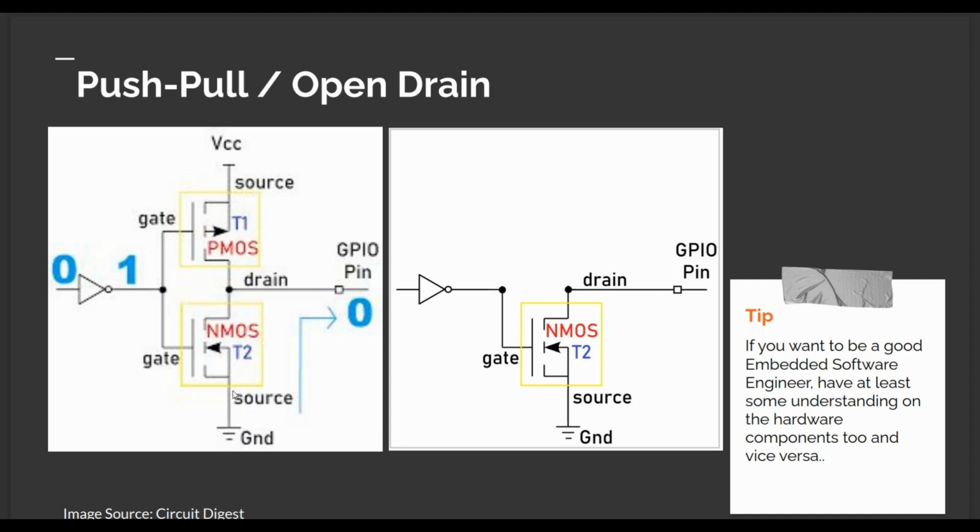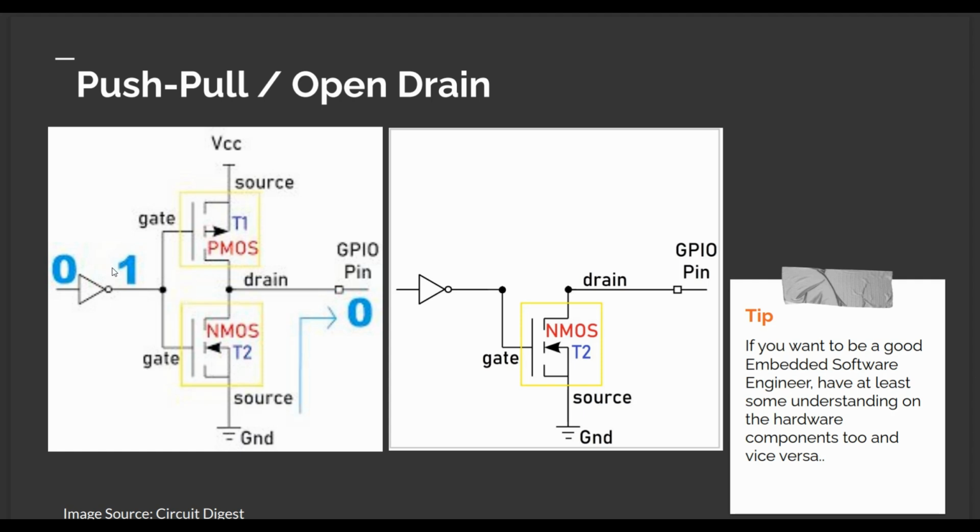Now the ground is connected to the drain, which in turn is the GPIO output pin. So at the output we will get a 0, that is the ground is connected here, we will get a low logic here.